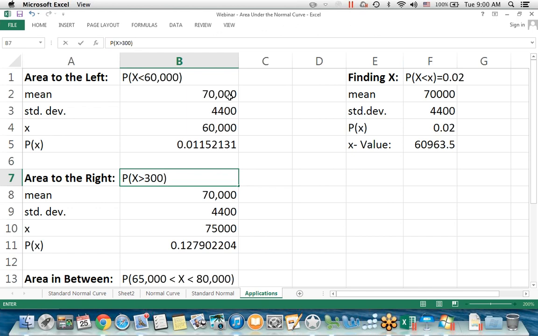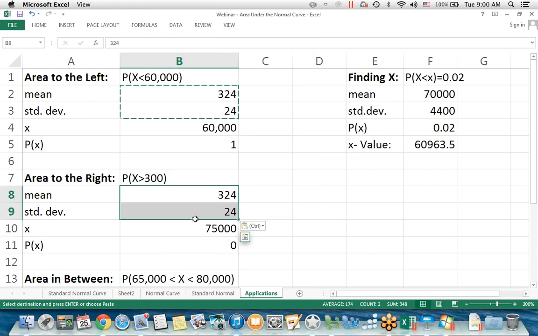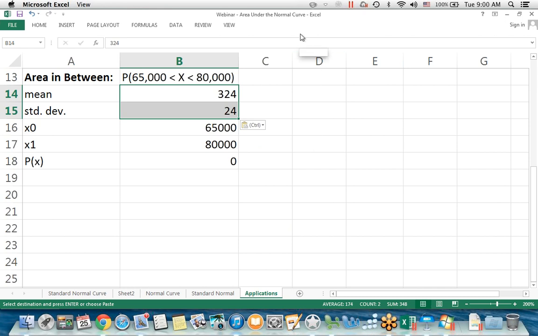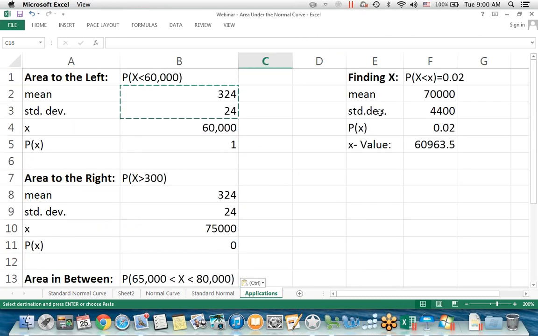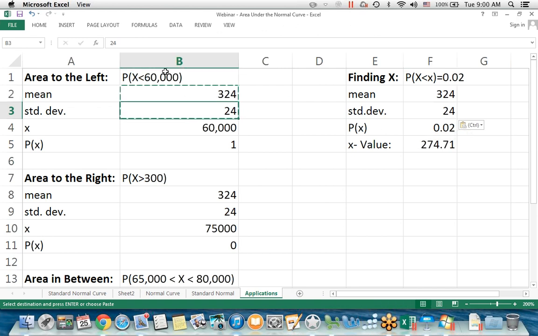Now, for this, I have to type in my mean and my standard deviation. In fact, I'm just going to type it in for everything right now and then copy, so I don't have to type it again.